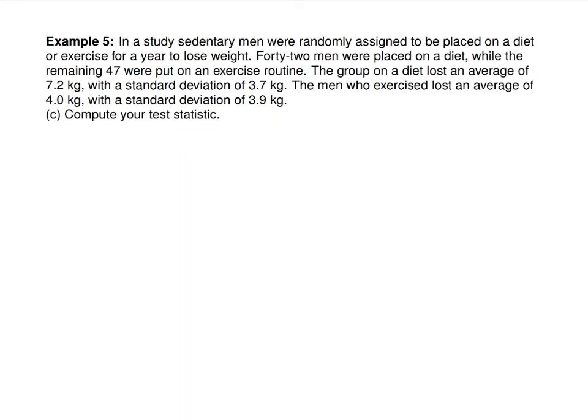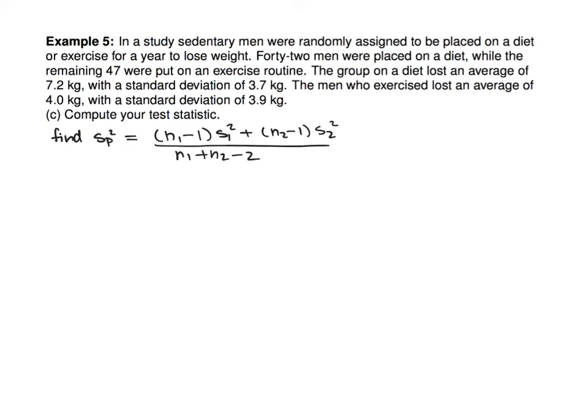All right, find your test statistic. So since we did the pooled procedure, the first thing we have to do is find SP squared, which is equal to N1 minus 1 times S1 squared plus N2 minus 1 times S2 squared all over N1 plus N2 minus 2.